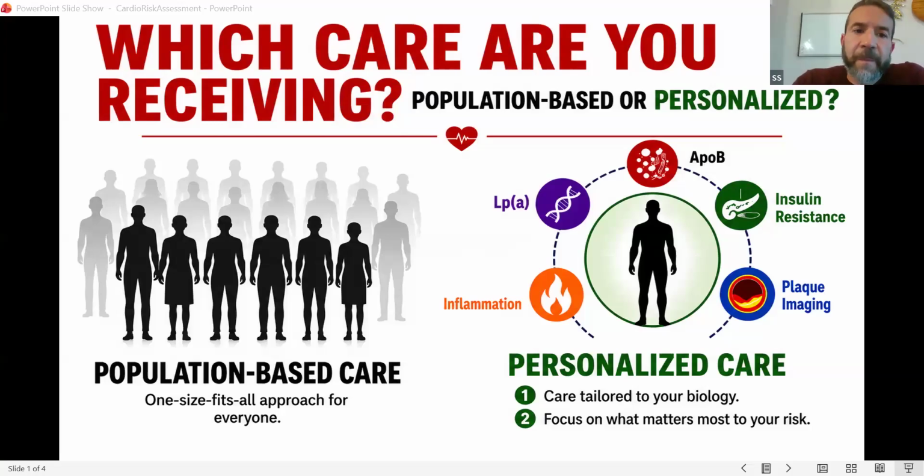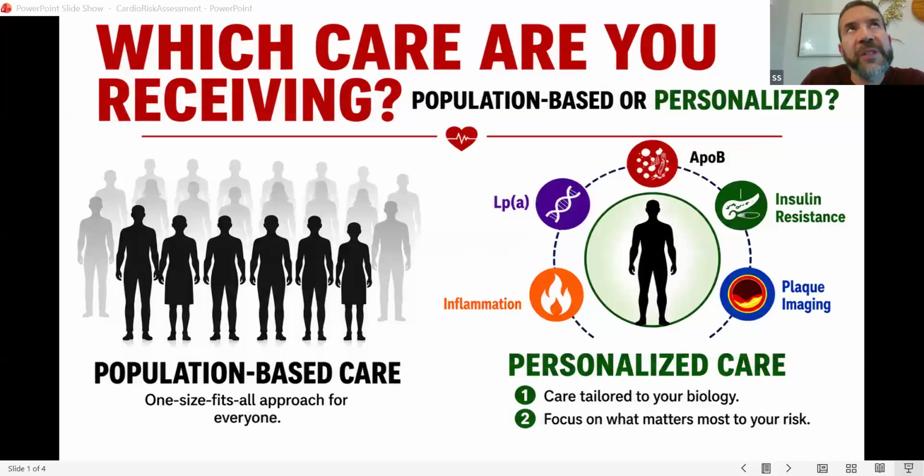Oh, hello, everyone. Most cardiovascular assessments are population-based. Now, population-based means that decisions are based on what works for the average person and not necessarily the person that is sitting in front of us.